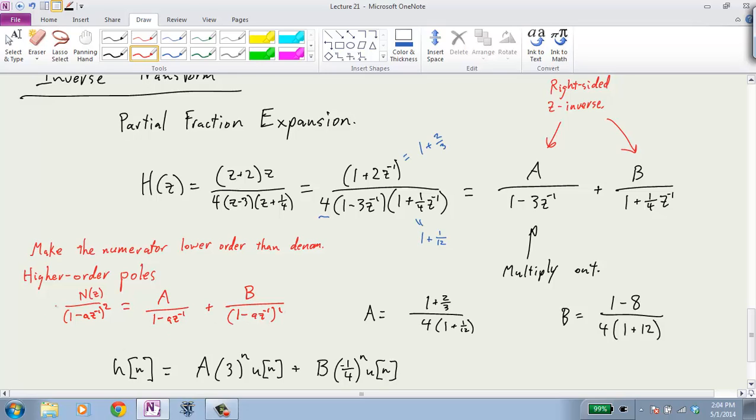So I'm assuming you have other poles down here too. So say you have a 3-pole system, and one of those pairs of poles are the same, so higher order pole. Then you would do an expansion that has these three things.